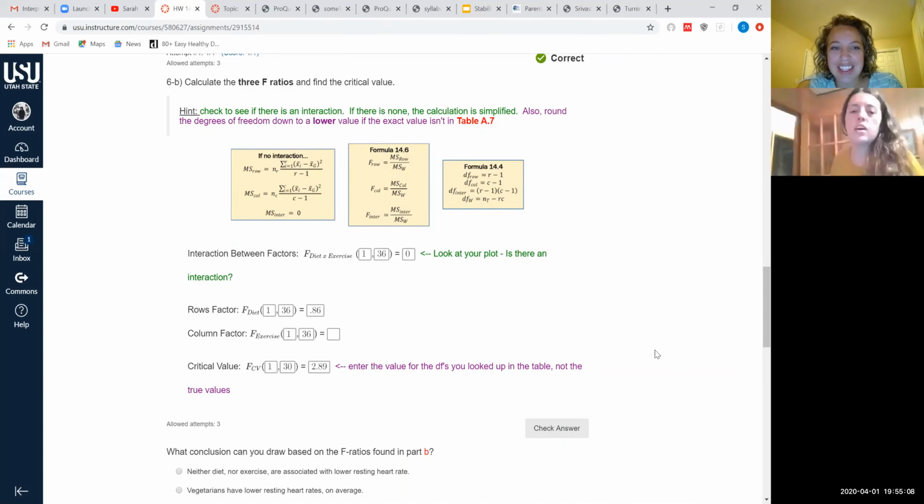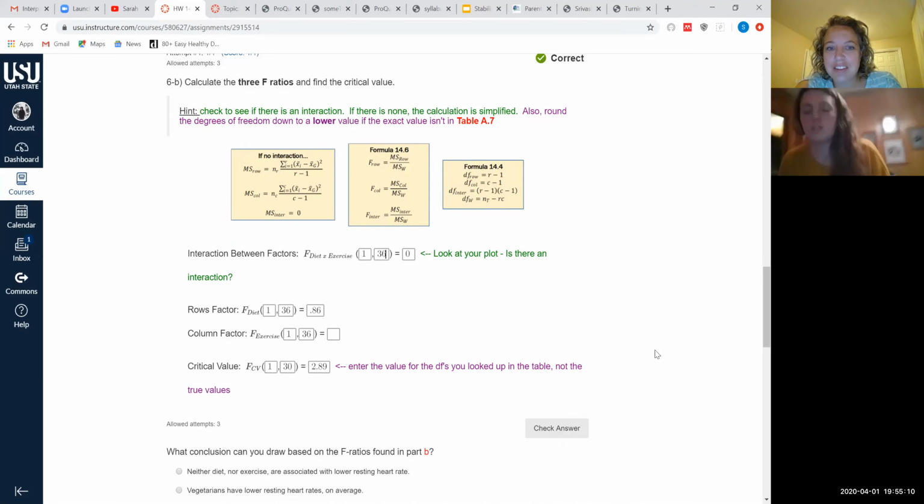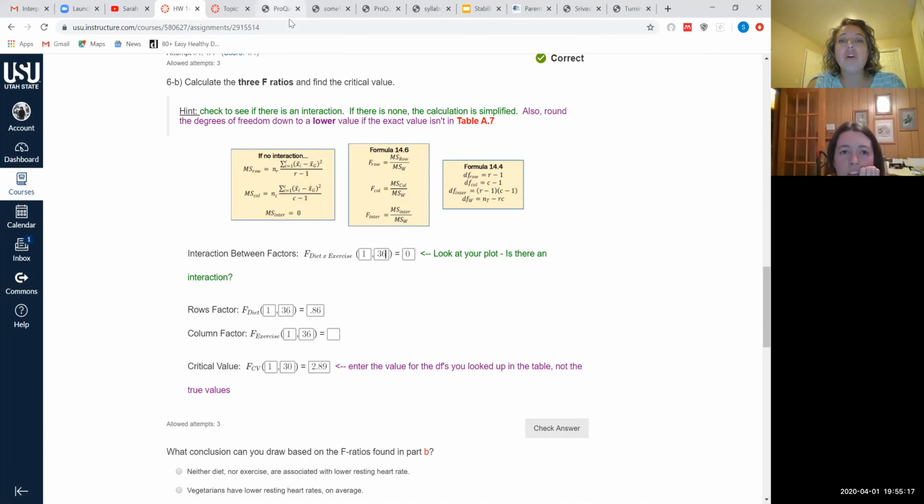Did you say, what table do we look at for the critical value? Is it still A11? Originally it said A11, but I changed it. Steve pointed out it needs to be A7. Oh, okay, so that probably is wrong, because I think I looked at A11.